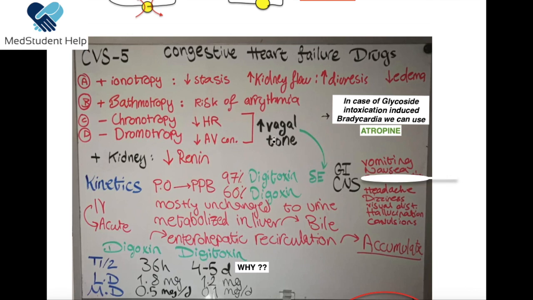We can stop it by basically reversing the function of the vagus nerve. How can we do that? We can use the atropine. We know that the atropine is a muscarinic receptor blocker, right? So we just block the receptors. The acetylcholine that is released from the vagus nerve is not going to function anymore on the muscarinic receptors because they are going to be blocked by atropine.